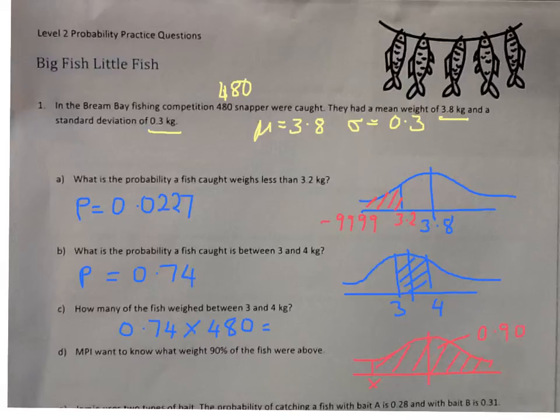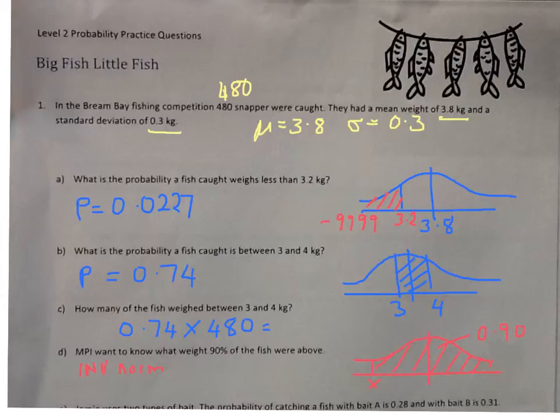So on my calculator, this is where we use the inverse normal. Go back, exit, exit, and so F5 key is distribution, F1 is normal, and then F3 is inverse normal. My data is variable. Go down, my tail is the right hand tail again.